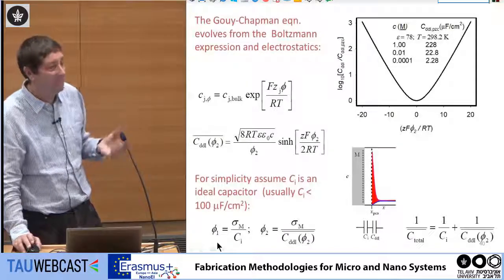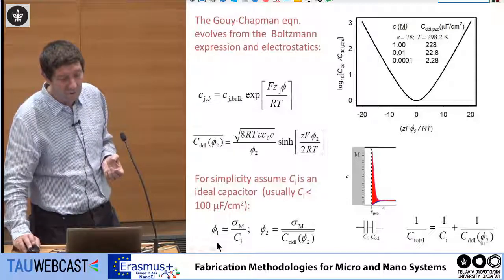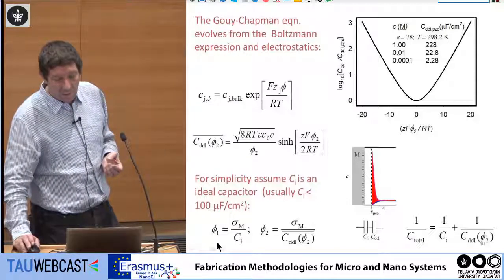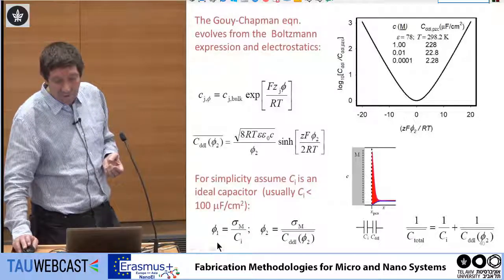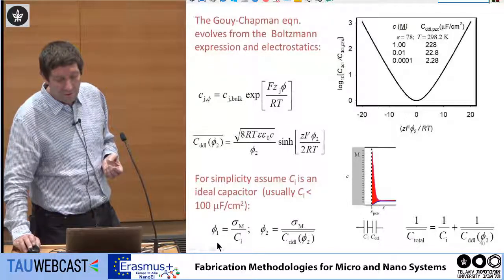This is a simple definition. So in order to calculate Ci, I need to know this potential difference and sigma. And this double layer capacitance depends on the potential. So the total capacitance here is this capacitance in series to this capacitance.